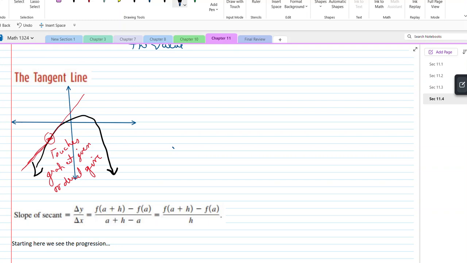So we want that definition, and I'm going to kind of write some steps for you. And the tangent line is created from a given x of 1, y's of 1 from the original function.